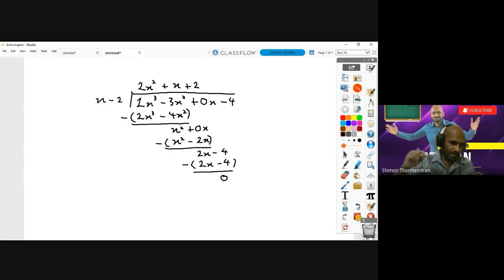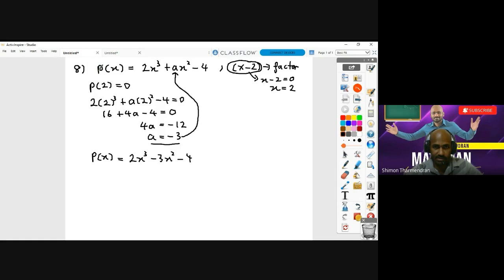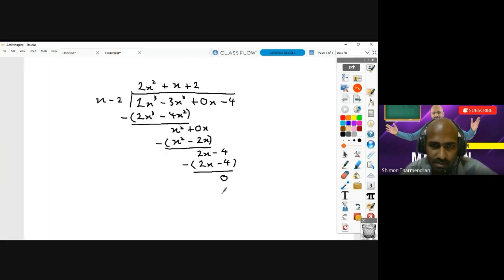Now, when we get remainder 0 over here, it also tells us another thing. It tells us that jawapan A ni adalah betul. Kalau you buat pembahagian panjang, you do the long division and you did not get 0, please go back and check. That means your A value is wrong. When you divide by a factor, you must get a 0 remainder.